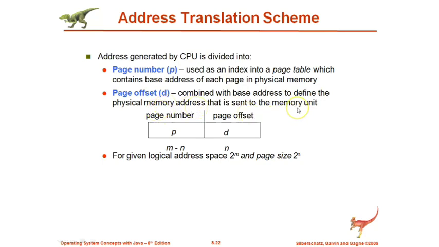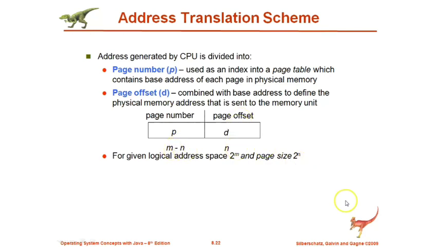For a given logical address space of 2 raised to m and page size 2 raised to n, the page number is the value m minus n and the page offset is the value n.